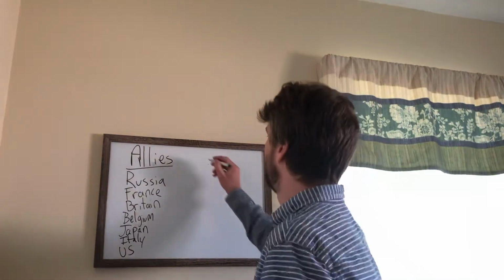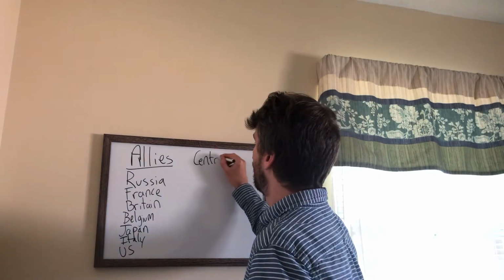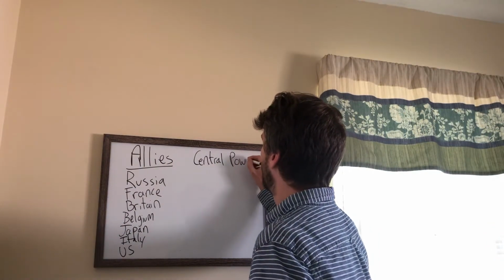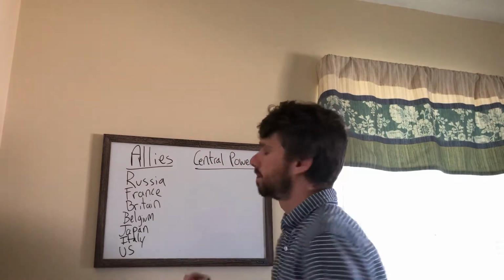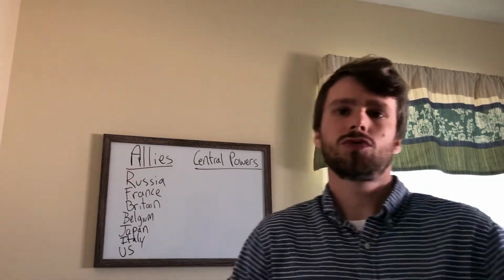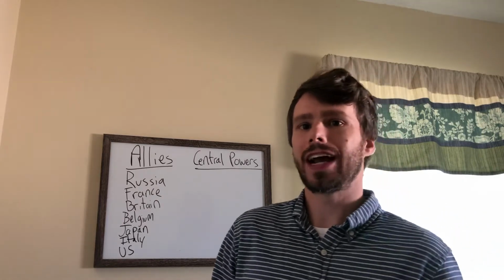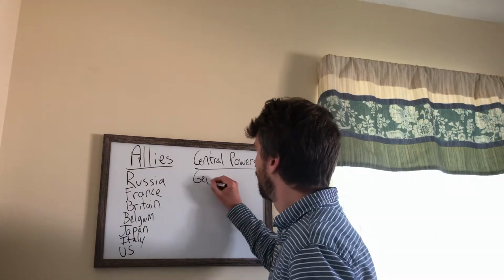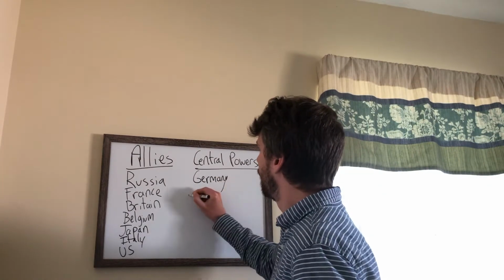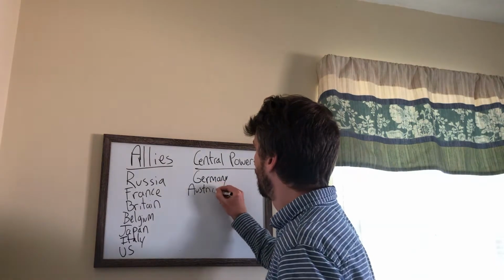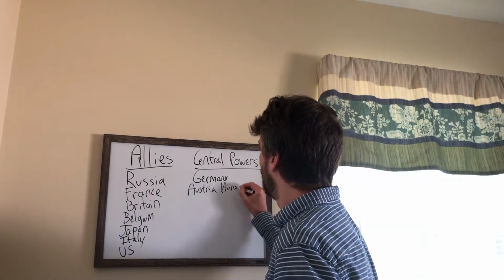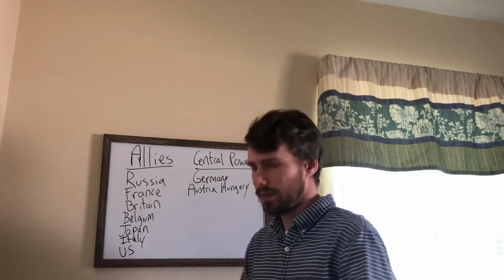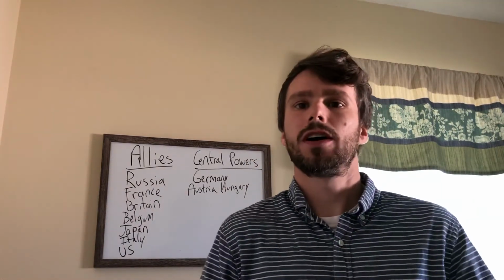So the other side is called the Central Powers. Let's learn a little bit about them. The Central Powers was the name given to Germany, Austria-Hungary, and their supporters during World War I. Germany, Austria-Hungary.